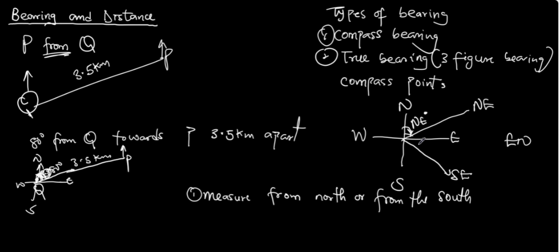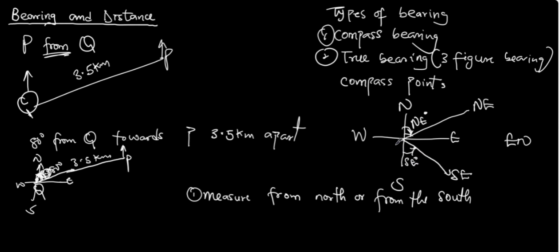Likewise, measuring your southeast, you don't measure from east to south. Instead, you measure from south to east, and this is where it subtends on the southeast line. So this becomes our southeast degree.